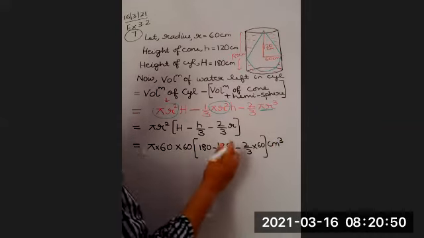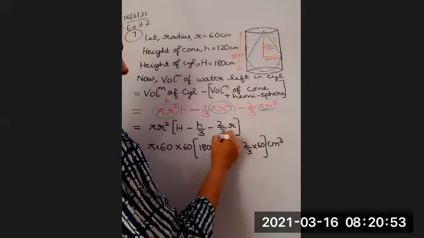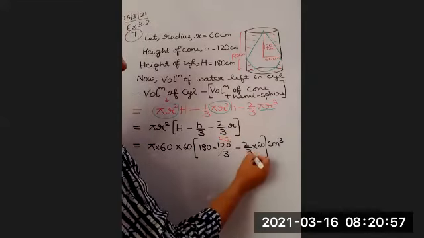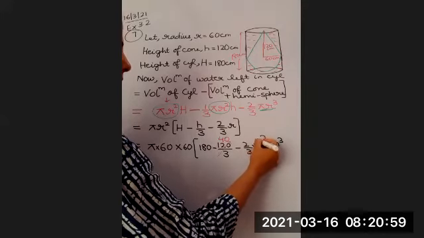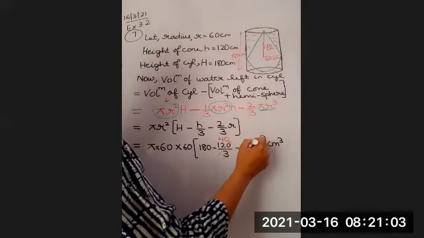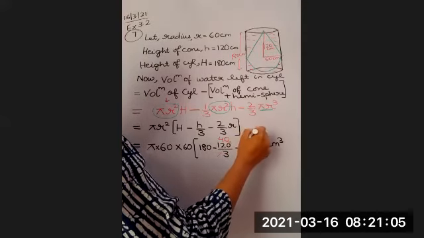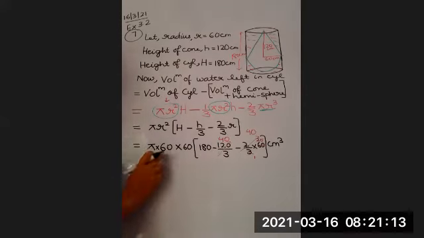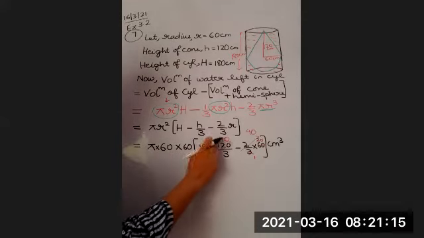Now 120 upon 3 makes it 40. 3 twos are 6, 2 into 20 is also 40. Yes, beta. So what will you get now? 180 minus 40 minus 40.